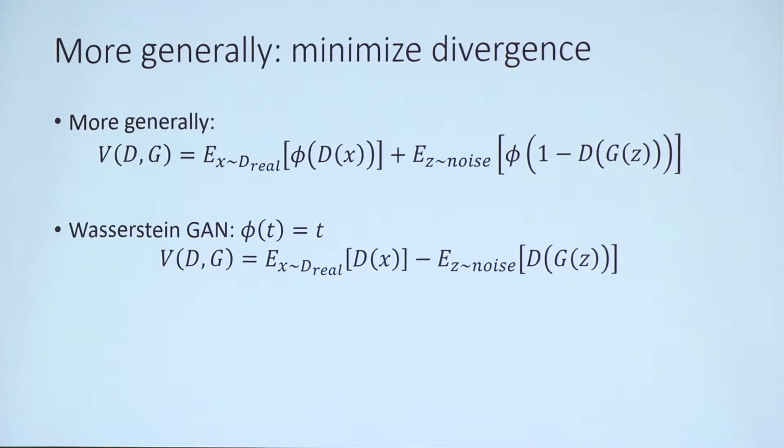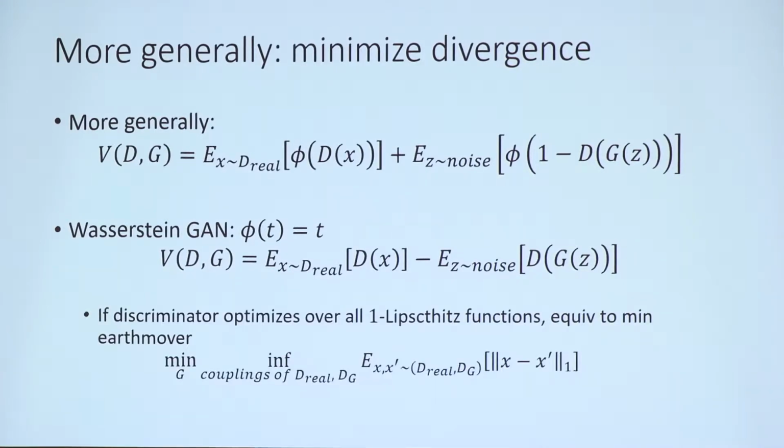In fact, there is also this nice theorem, a characterization of these Wasserstein GANs, that says that if the discriminator corresponds to all possible one-Lipschitz functions, then minimizing this quantity over all such one-Lipschitz functions is equivalent to the earth mover distance, which maybe many people are familiar with.